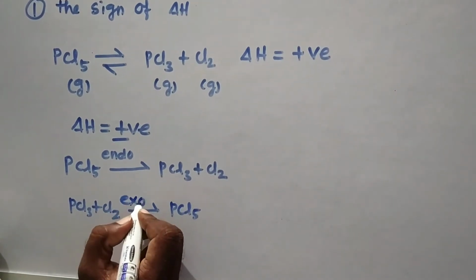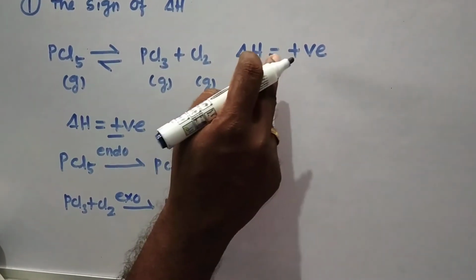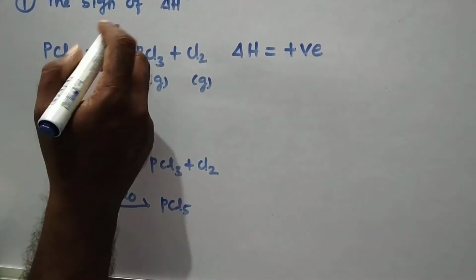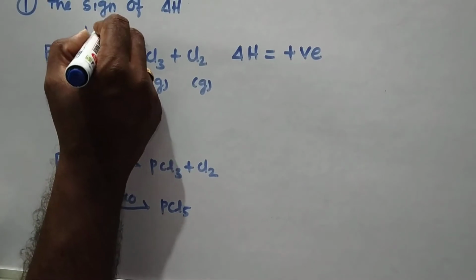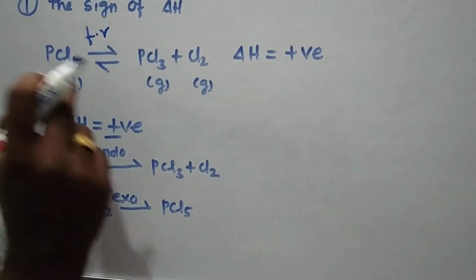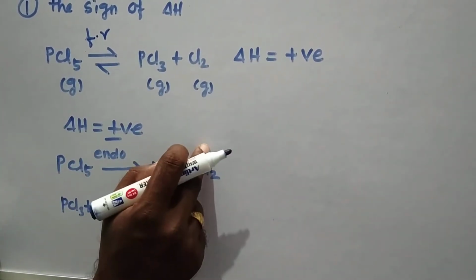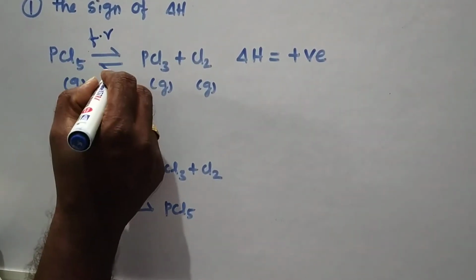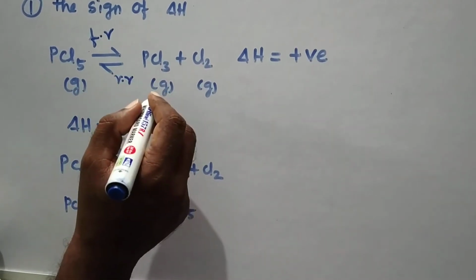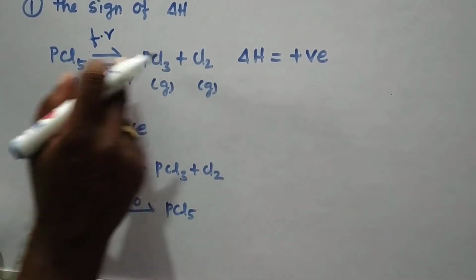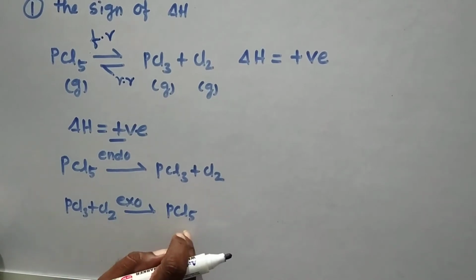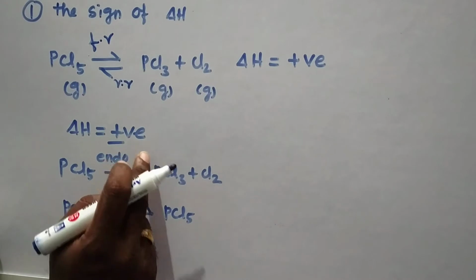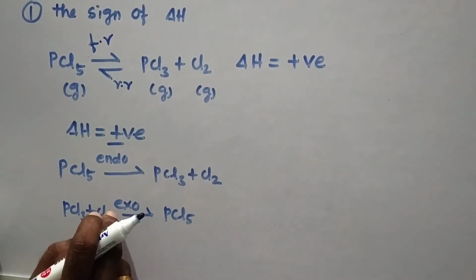If the value of delta H is positive in a reversible reaction, the forward reaction FR, the formation of product from the reactant, is endothermic in nature. Similarly, the reverse reaction RR, the formation of reactant from the product, is exothermic in nature. Therefore, formation of PCl3 and Cl2 is endothermic, and the formation of PCl5 is exothermic.